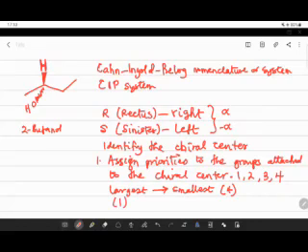And here, largest is in terms of atomic weight, atomic number first, before molecular weight. So you look at the groups that are directly attached to the chiral carbon. It's important to bear this in mind. These are the groups that are directly attached to the chiral carbon, and we start with the atom.